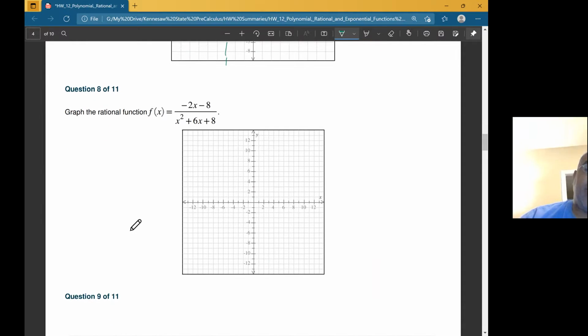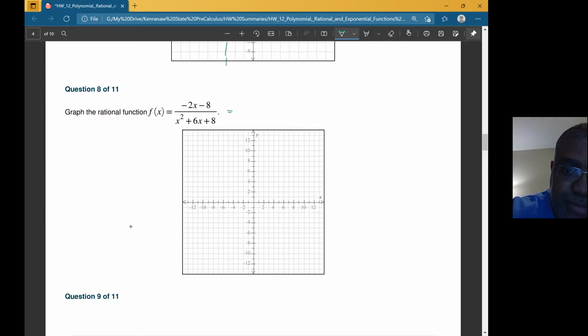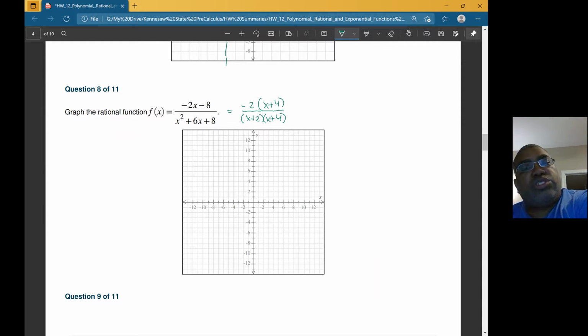Graph the rational function. Now we're not going to ignore the fact that you can do this on your calculator, but we like to go ahead and factor these things anyway, because sometimes we see things like holes when we factor it all the way.